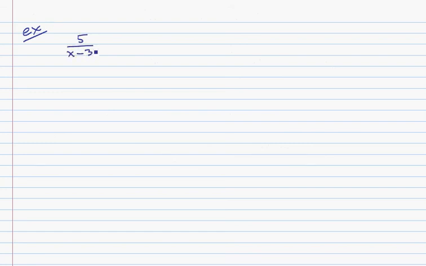5 over x minus 3 minus 2 over this. So again, we're going to think of this 2 over x squared minus 9 as 2 over its factors.